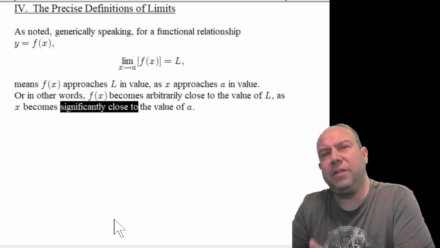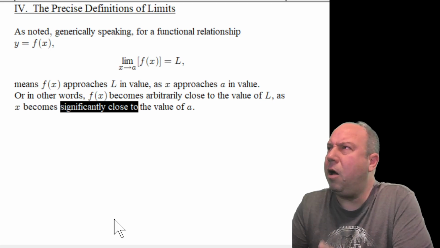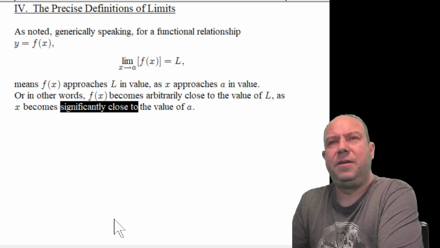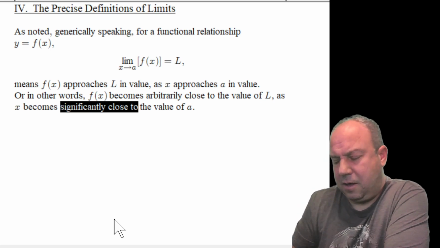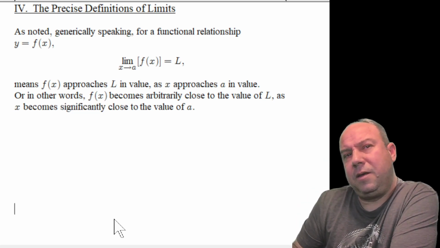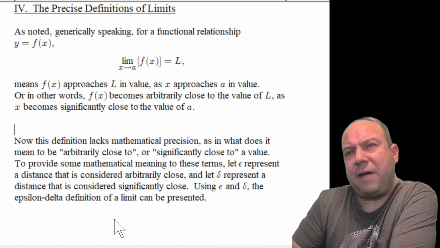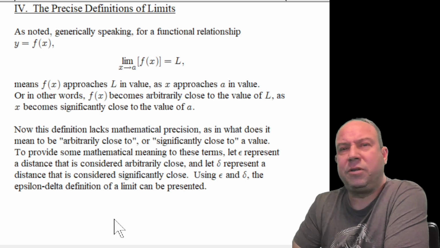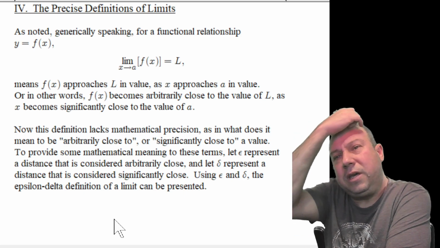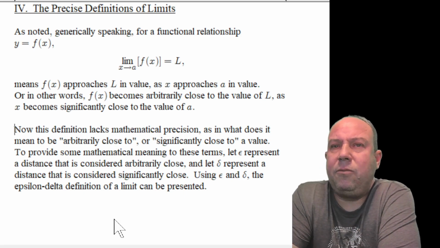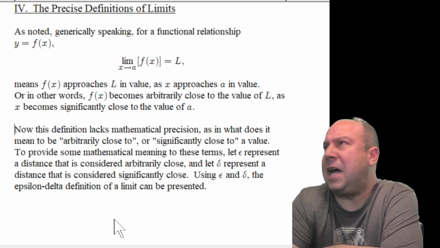Or sufficiently close to something? All meaning relatively the same concept, right? Well, that's where our definition lacks a little bit of precision. There is a way that we can consider those meanings with a little bit more of a mathematical context.